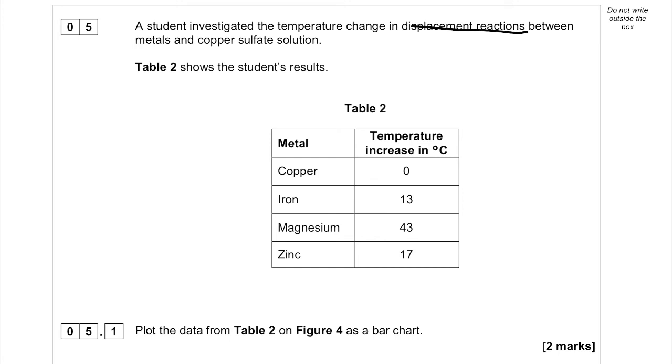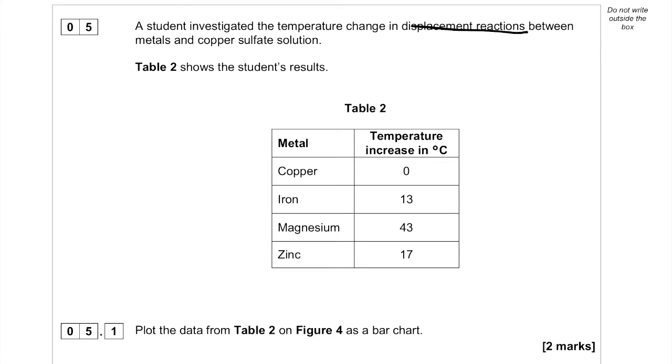So copper, iron, magnesium, and zinc substitute copper to make whatever sulfate it makes. Copper obviously doesn't substitute copper, because they're identical from start to finish. So the temperature increase is 0, which is fair enough.